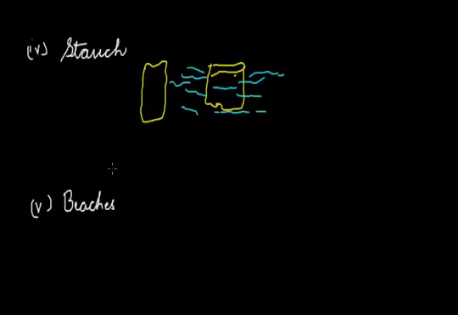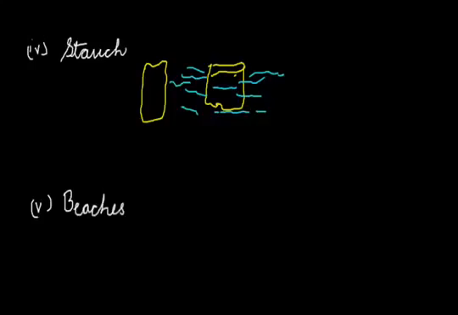A beach is a depositional work of the sea waves. The sediments that the rivers have been carrying to the sea are available in the sea, and the sea waves carry the sediments to its banks and deposit them in this area.